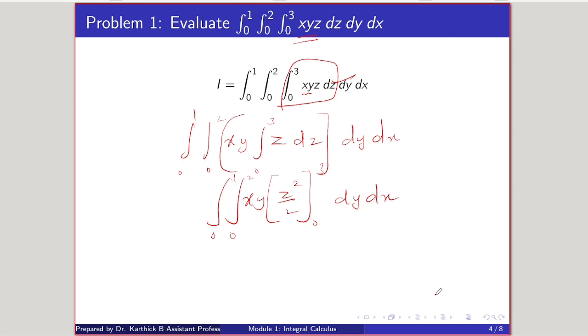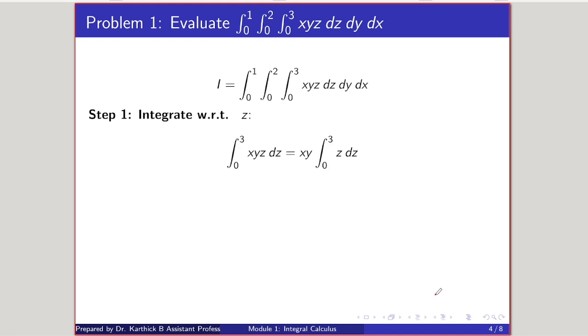So while substituting the limits, we will get 9 by 2 and xy dy dx. We are splitting out the inner integral part alone. So at last we get xy times 9 by 2.